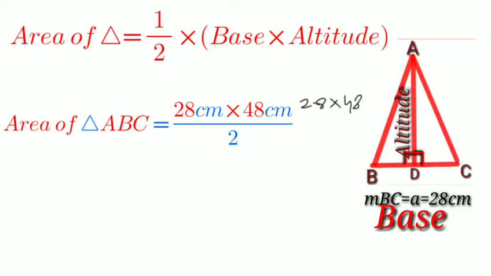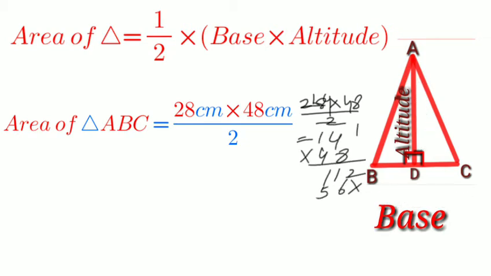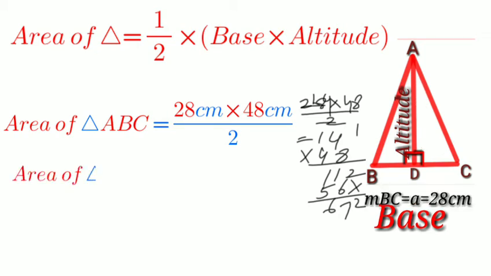So the area of triangle ABC is 672 square centimeters.